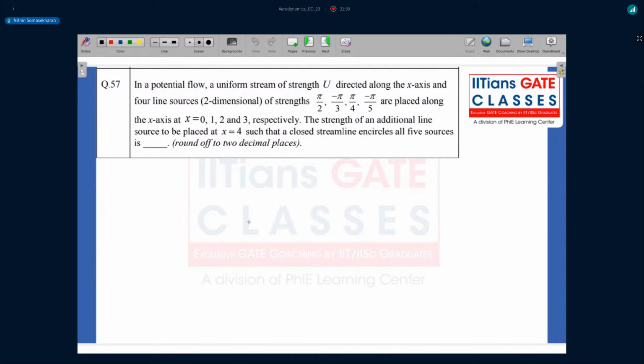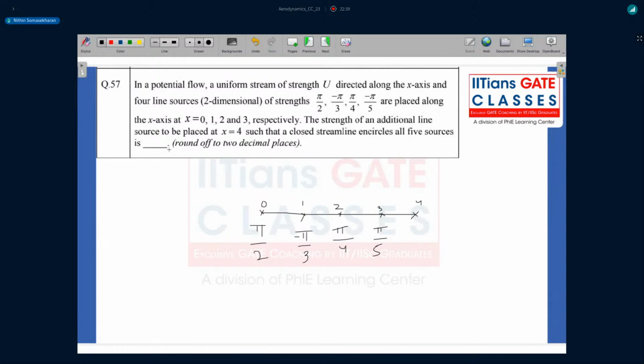So what they're saying is that you have multiple line sources of various strengths: pi by 2, minus pi by 3, then pi by 4, and then minus pi by 5. Right? And they're kept equidistant from each other. So this is at x equals 0, this at x equals 1, then this is 2, and this is 3, and then you have something at x equals 4 as well, which we need to figure out.